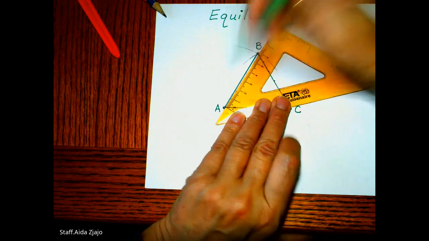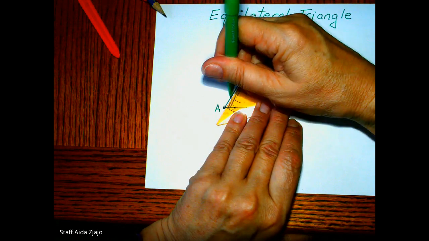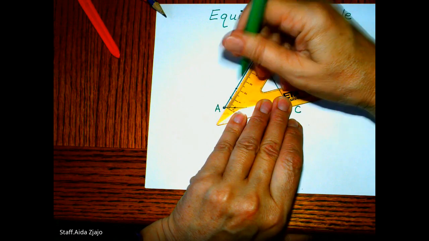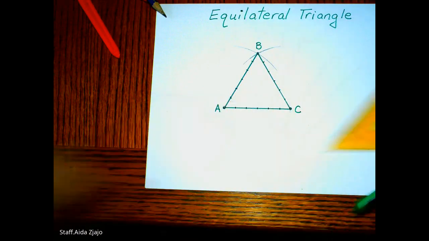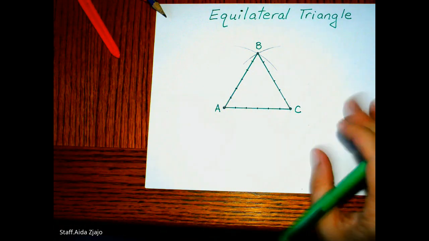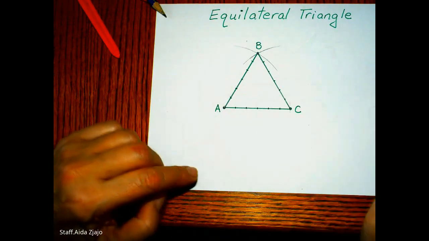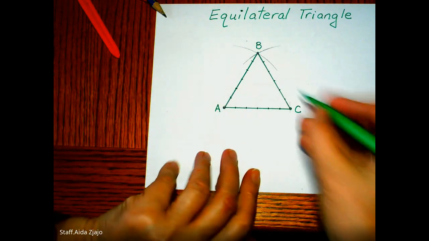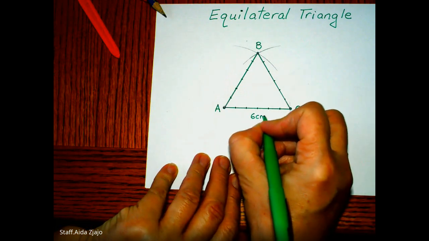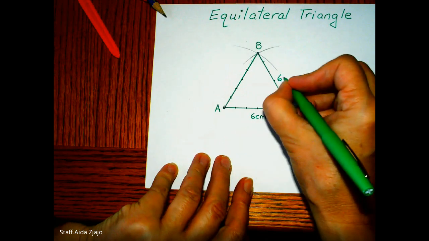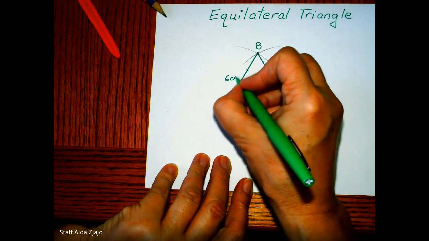I can prove it by making marks the length of 1 centimeter each. When we know that we have all three sides the same, we can label the sides by saying 6 centimeters, 6 centimeters, and 6 centimeters.